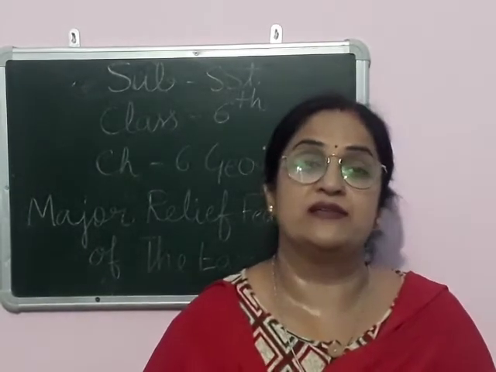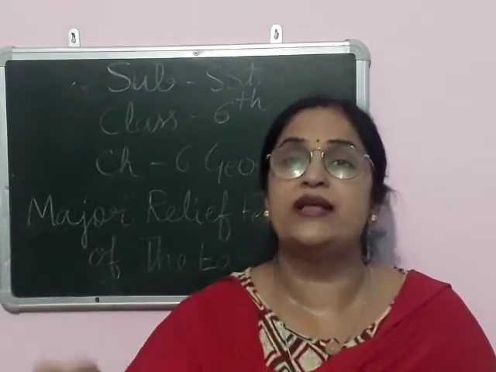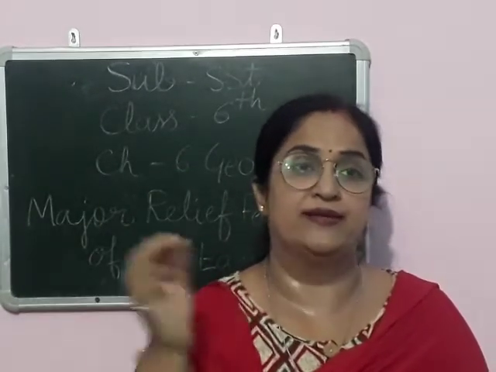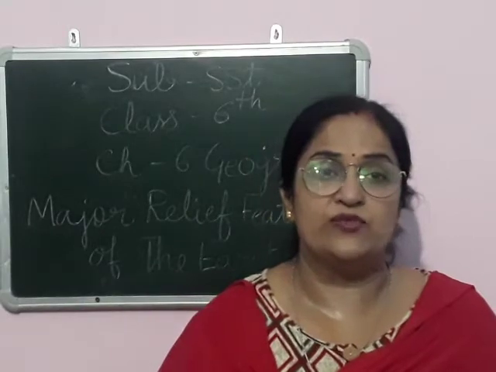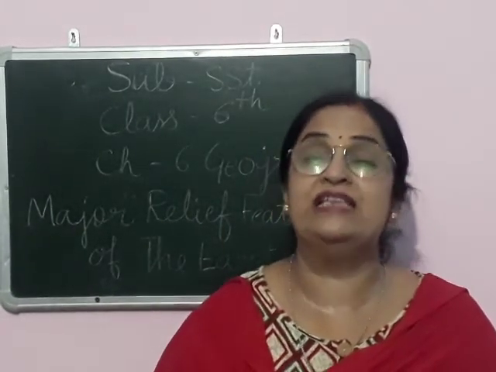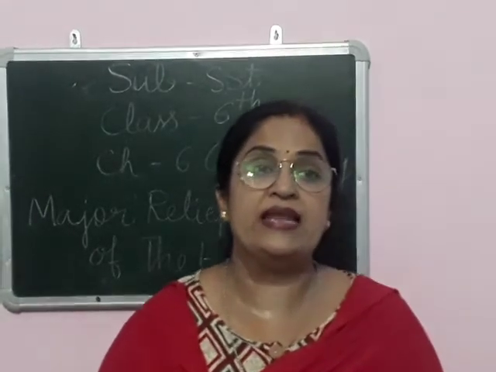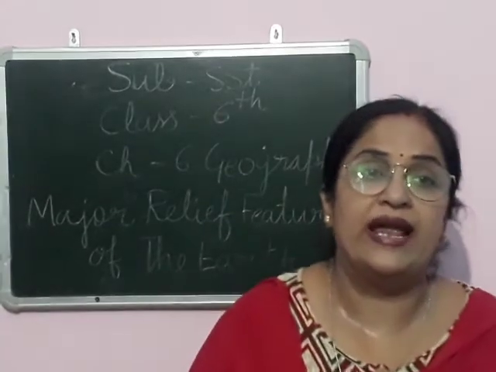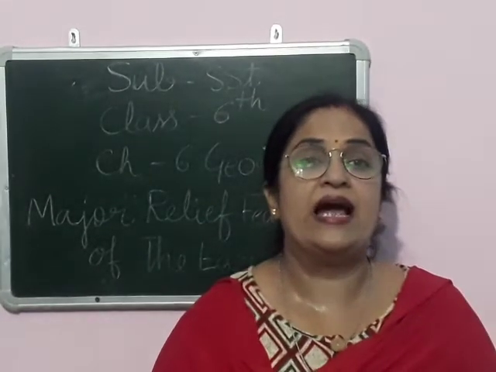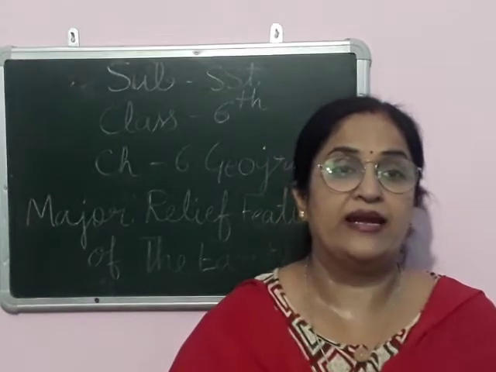As the name suggests, this plateau is surrounded by mountains from all sides or is situated between two mountain ranges, right? The Tibetan Plateau is an example of intermontane plateau. It is surrounded by the Himalayas, right?